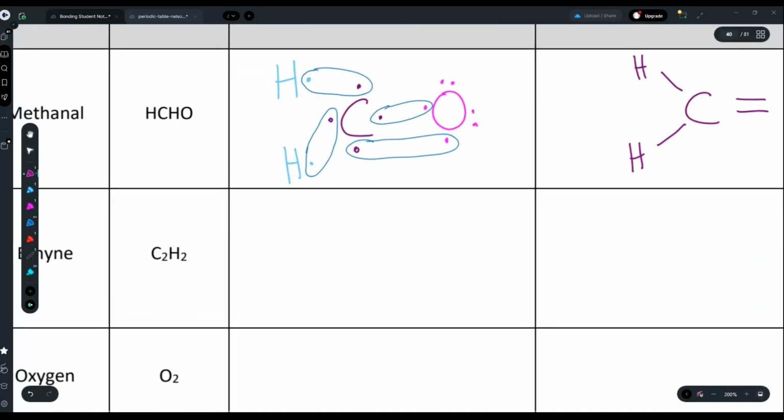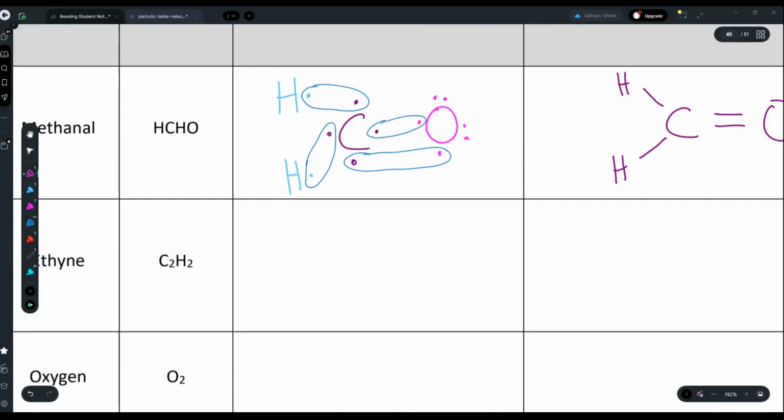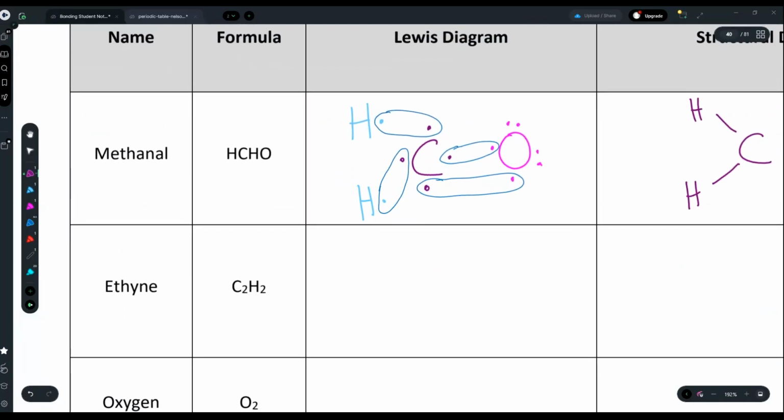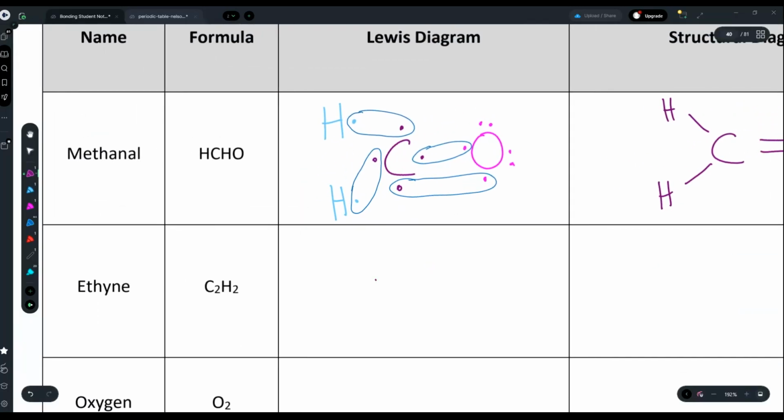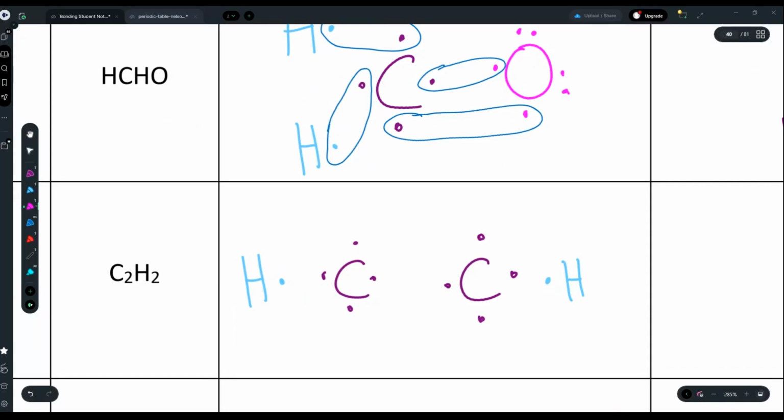Okay, so typically carbon is going to be a central atom. For ethyne, we have 2 carbons, so 1, 2, 3, 4, and I'm just positioning them in the middle. And then we have 2 hydrogens, so I'm going to place them on either side. Okay, so once again, do not make the mistake of bonding electrons on the same atom.